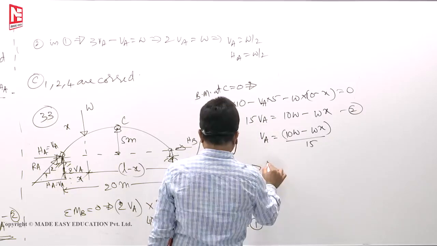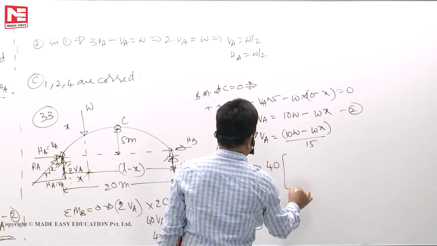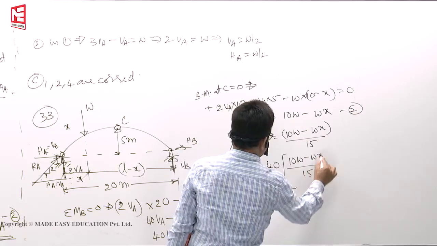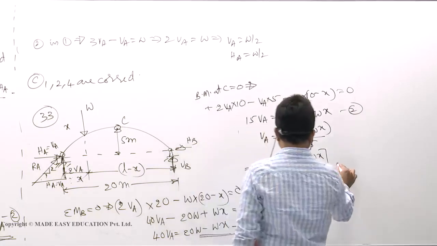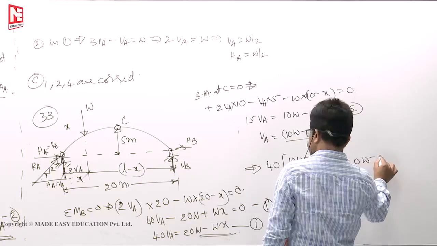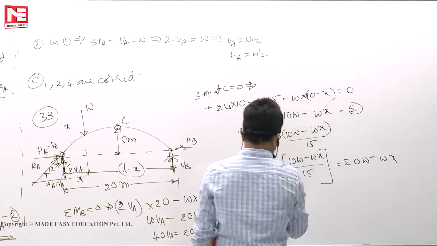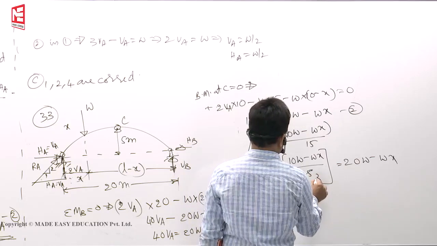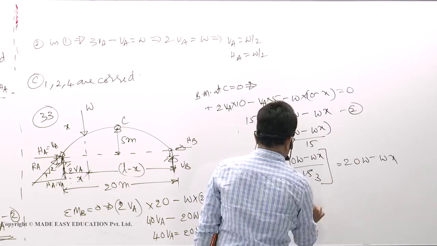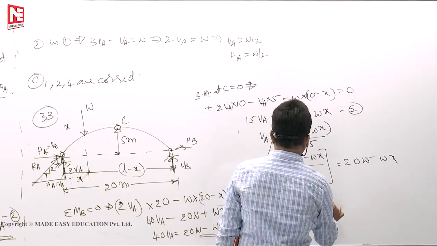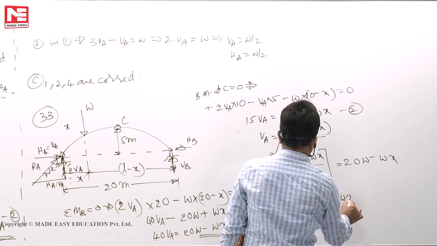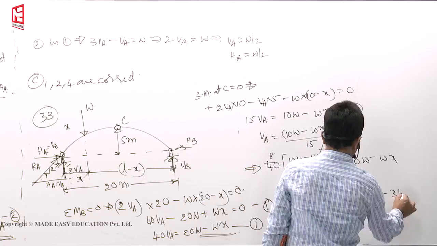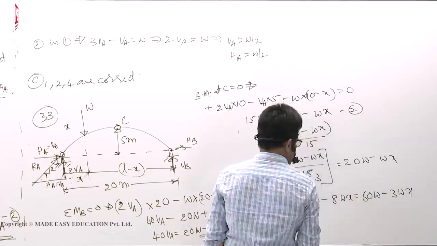Then substitute in equation 1: 40 into (10 W minus WX) by 15 is equal to 20 W minus WX. So 80 W minus 8 WX is equal to, 3 goes this side, 60 W minus 3 WX. Push it to the right side.